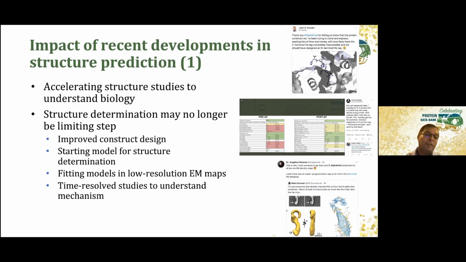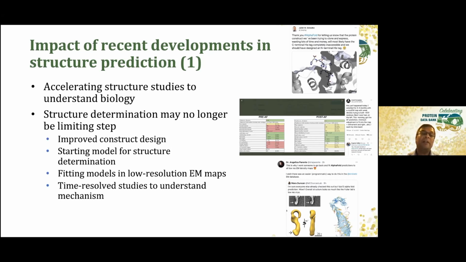So what we have seen from various posts on Twitter, if you go to bioRxiv, there are now many publications. The availability of the models, the predicted models, has accelerated structural studies. So we are no longer limited in terms of having a structure.